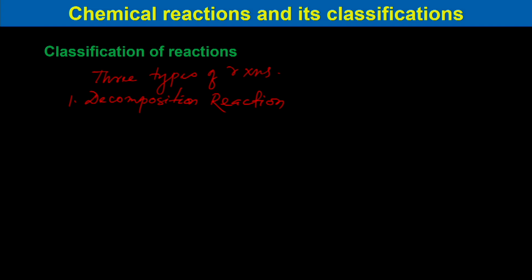That means a reactant would be converted to product. So, reactant A decomposes to produce product P. For example, if we consider ethane, C2H6, it decomposes to hydrogen and ethylene. So, this is one example of a decomposition reaction.